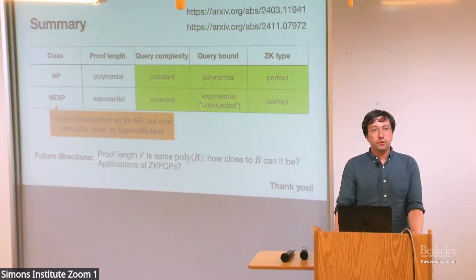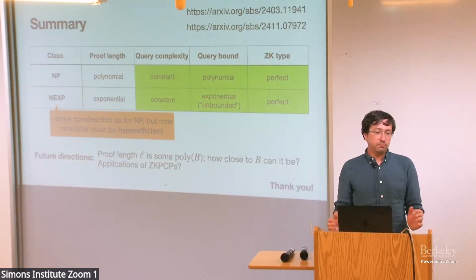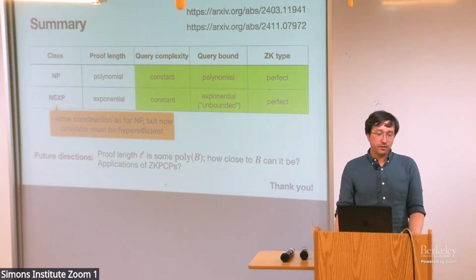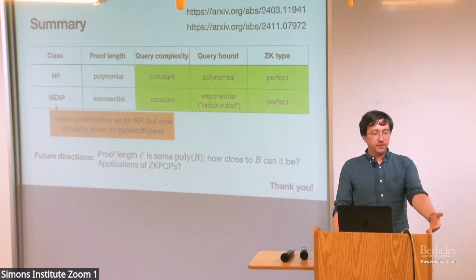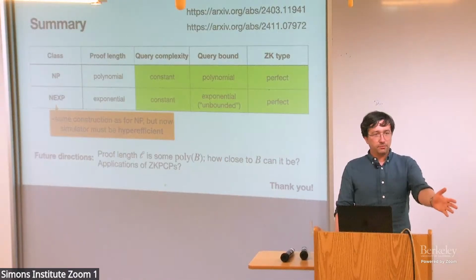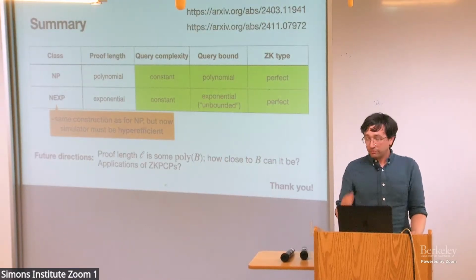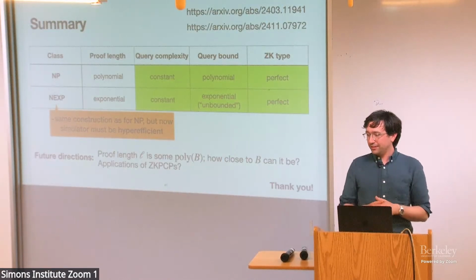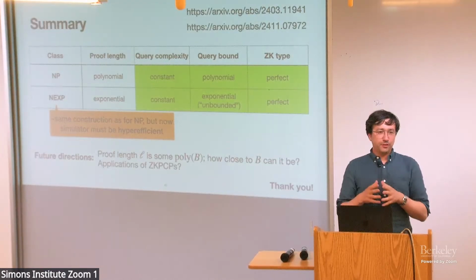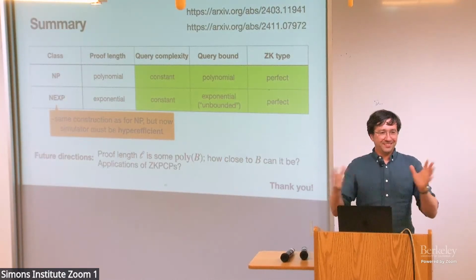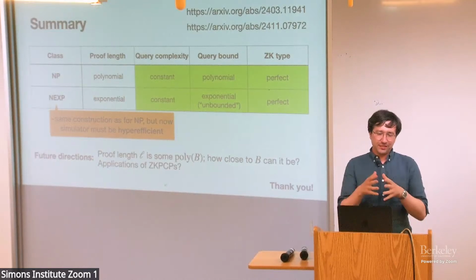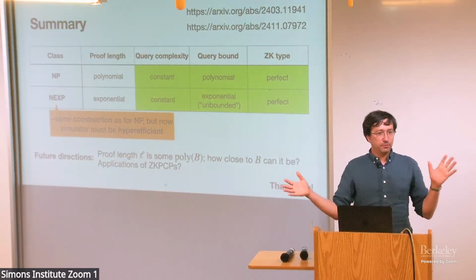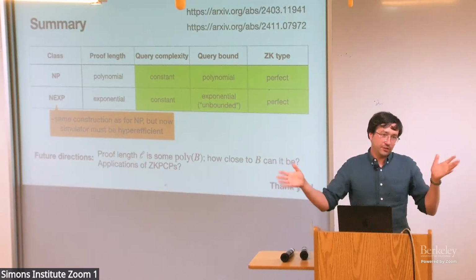So we can get PCPs for #P with this property, right? We can get a PCP where for every query to the PCP, the simulator does something. If the verifier runs in more time, eventually maybe the verifier does read the whole PCP, but the PCP is exponentially large, and so it's kind of okay.